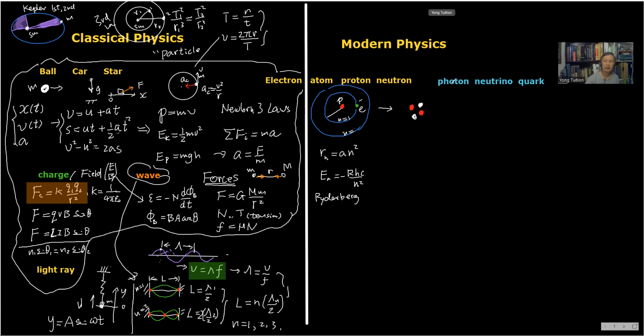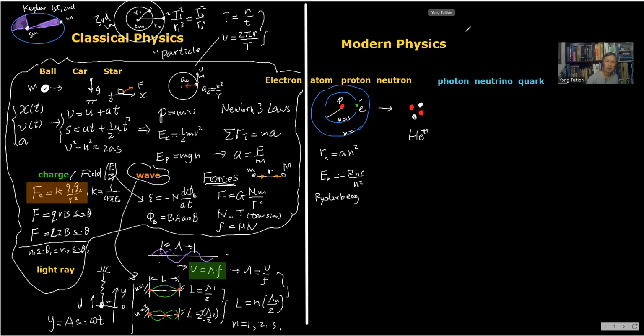Because of Coulomb's law, they should repel, but you have a strong attraction to hold them together. This is a helium nucleus. I just knocked down the electrons, so that's a helium nucleus.